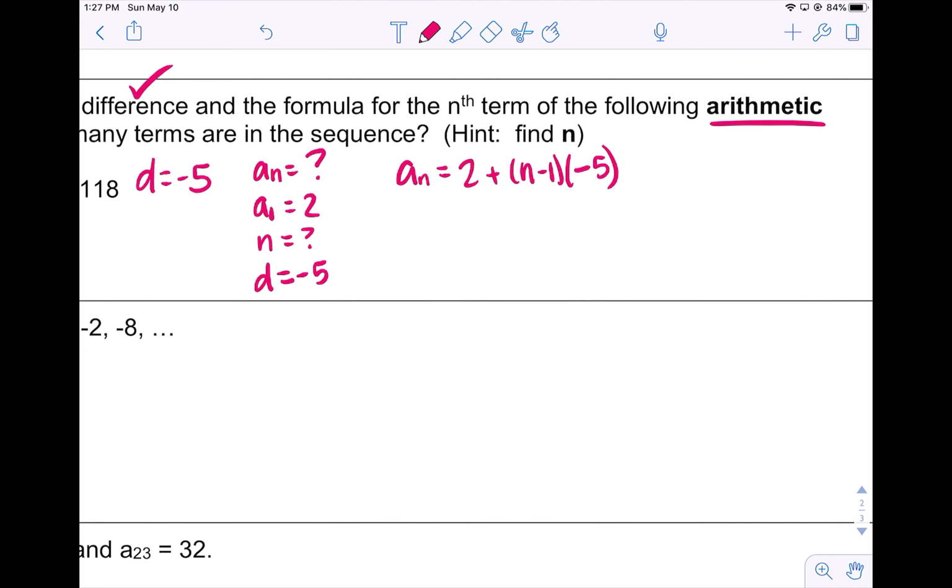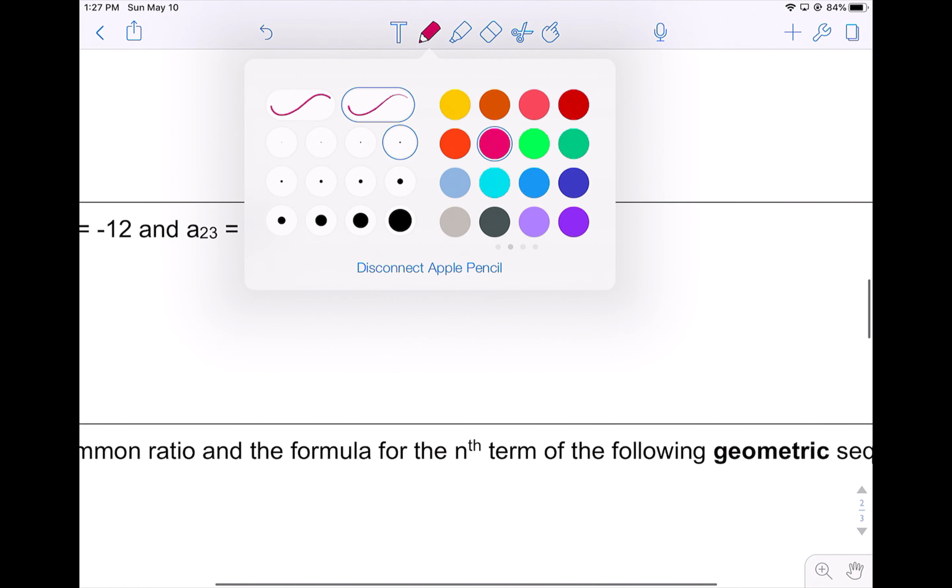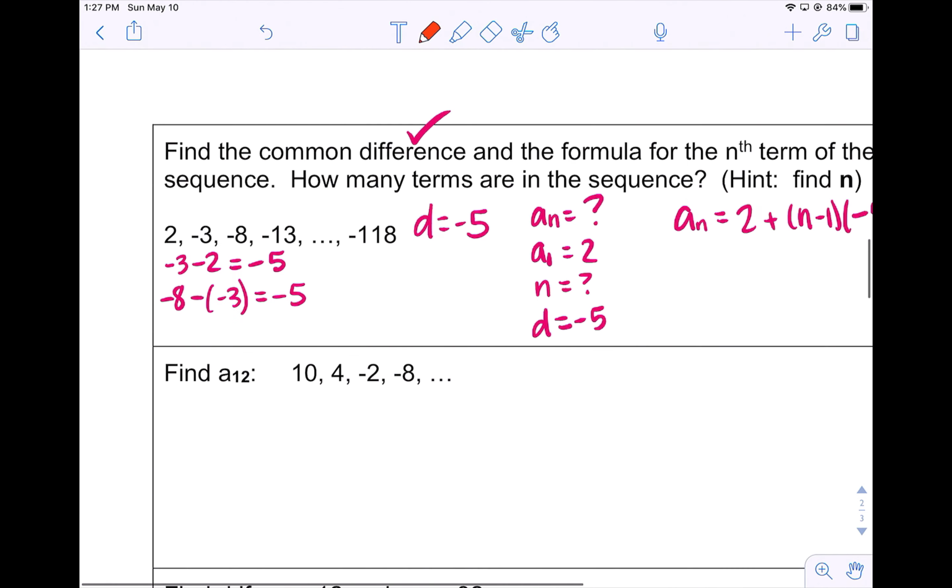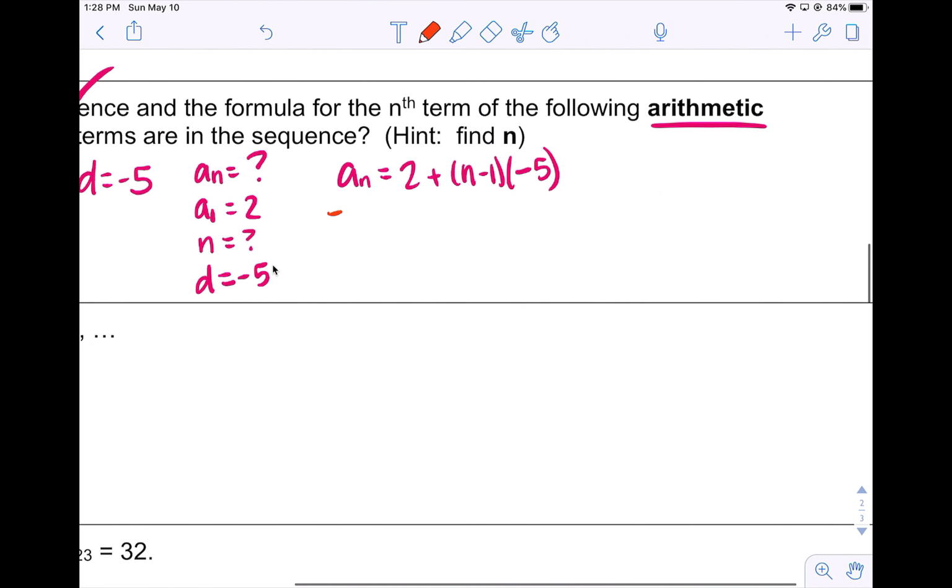Now, they want me to find n. If you notice right here, my terms, I have a1, a2, a3, a4. I skip a few, and then I have an ending number. So this is going to be my a_n. It's my final number. So I'm going to put a -118 right here, and then simplify these pieces.